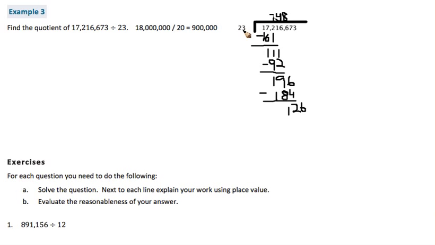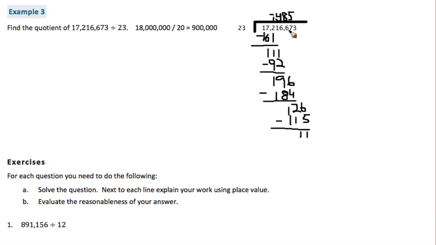Can we try a 5? I think so. 5 times 3 is 15. Regroup the 1. 5 times 2 is 10, plus 1 more is 11. And 126 minus 115 is 11.